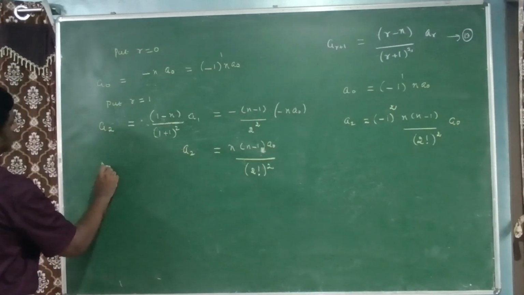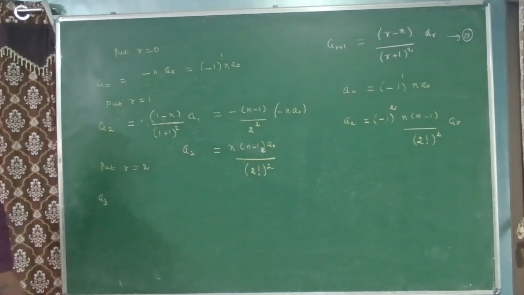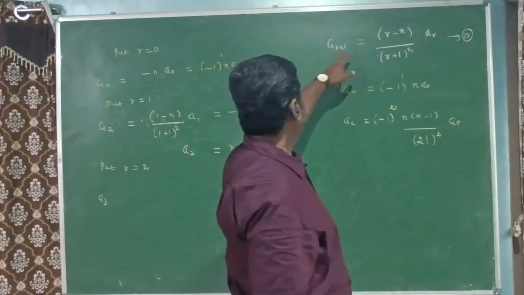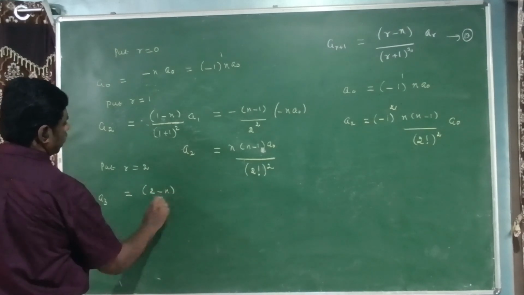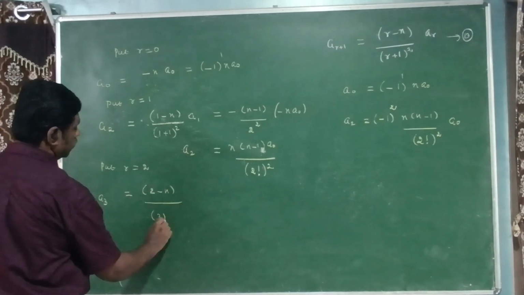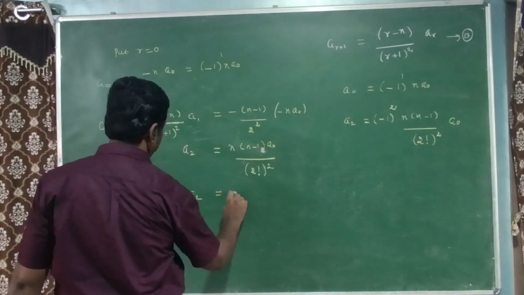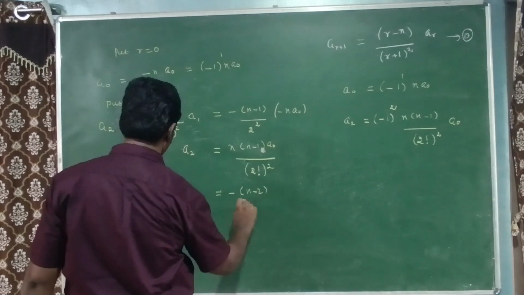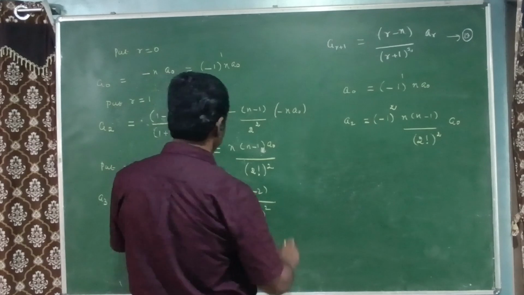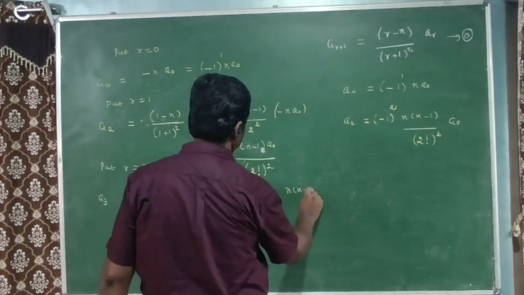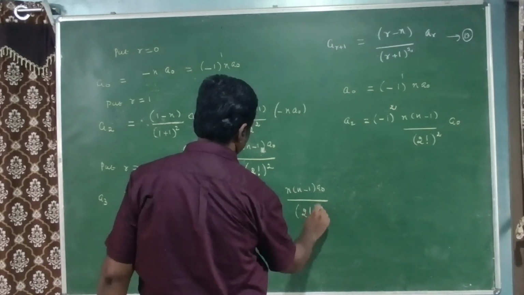Then put r equal to 2. We can get a3. If you put r equal to 2, a3 equal to 2 minus n whole divided by 3 square into a2. This is equal to minus of n minus 2 divided by 3 square. Then the value of a2 is n into n minus 1 a0 divided by 2 factorial whole square.